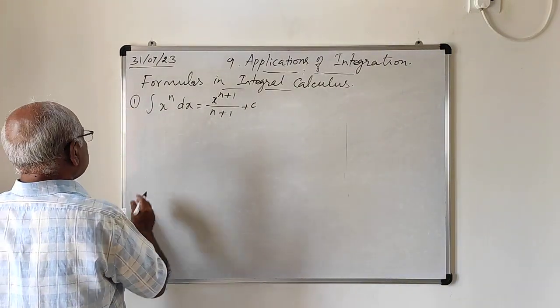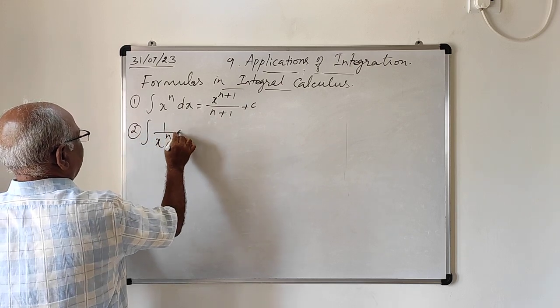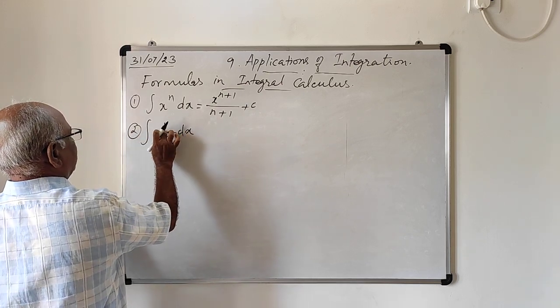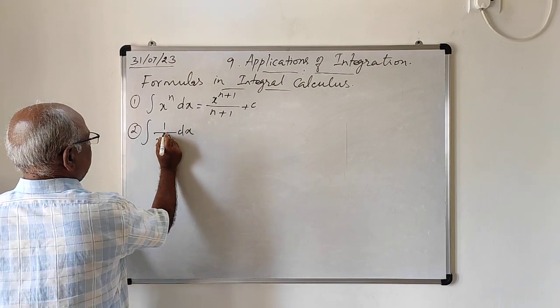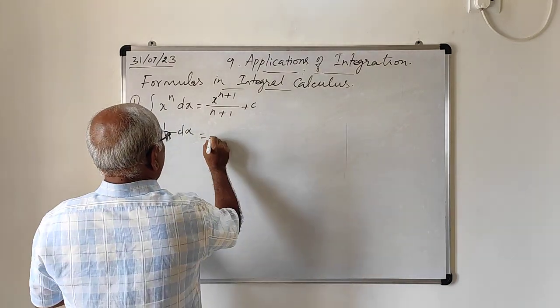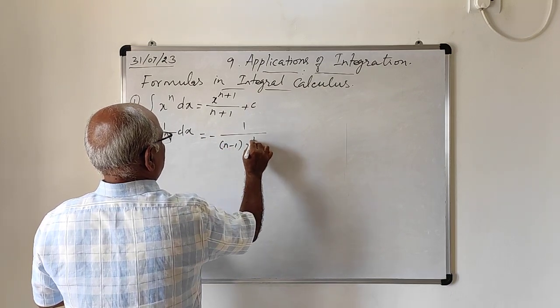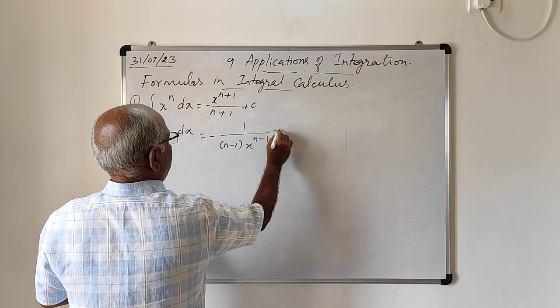Okay? The second one is the integral of 1 by x power n dx, which is equal to minus 1 by n minus 1 into x power n minus 1, plus c.